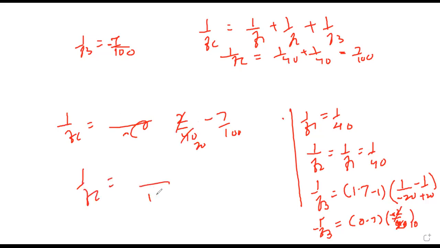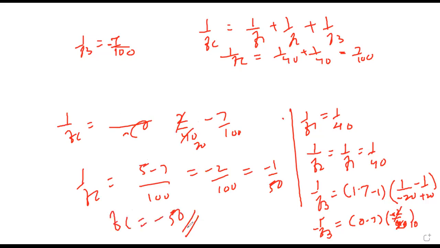So this is 100, 5 minus 7, minus 2 upon 100 equals minus 1 upon 50. So f of combination is minus 50. Minus 50 centimeter, f of the combination.